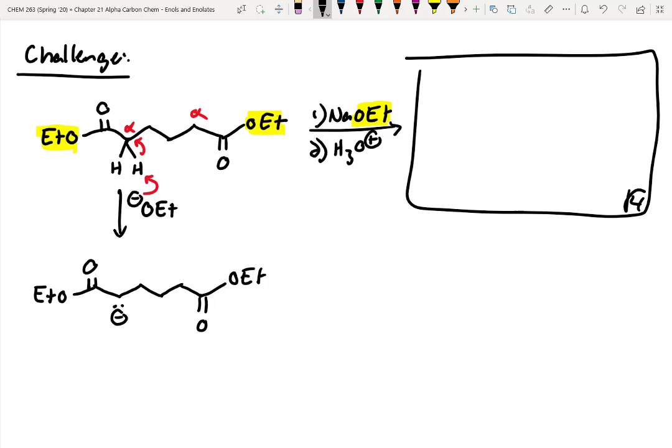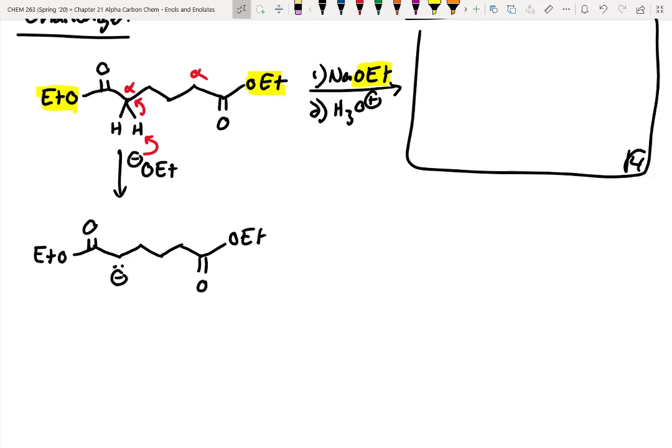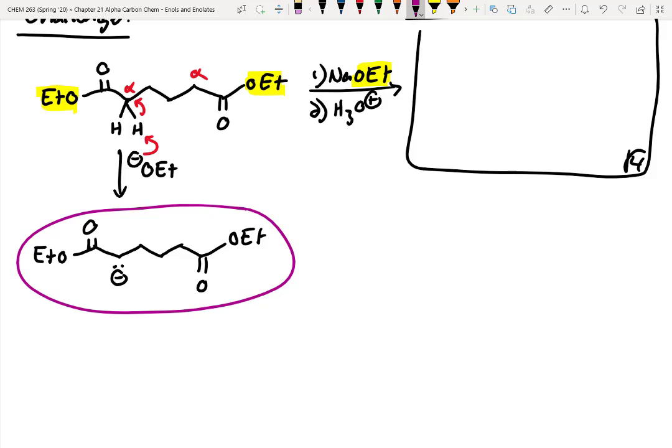All right, so now the question is, well, what happens? Well, there is a probability that this intermediate that we've formed reacts with some of our unenolized starting material, but there's actually something better that can happen. Anytime you can form a ring rather than reacting with another equivalent of reagent, that's typically favored because you're not increasing order, right?